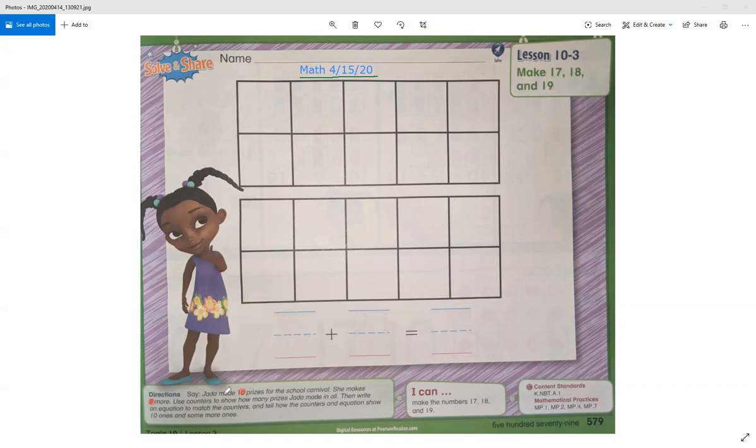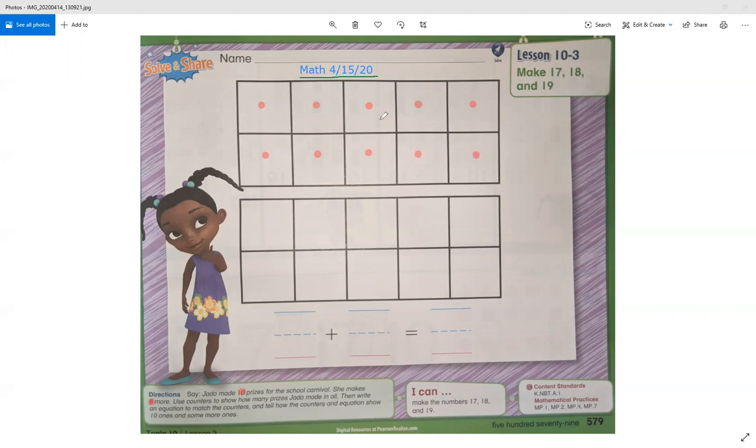So first, this little word problem down here says Jada made 10 prizes for the school carnival. So we know she started off with 10 prizes. So let's go ahead and show 10 prizes. So that's 1 prize, 2, 3, 4, 5, 6, 7, 8, 9, 10. So that is showing us her 10 prizes.